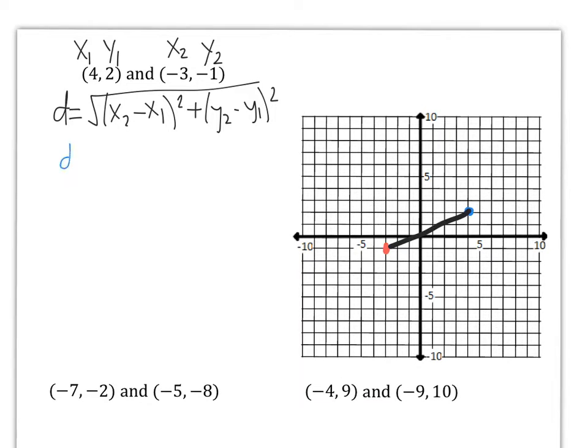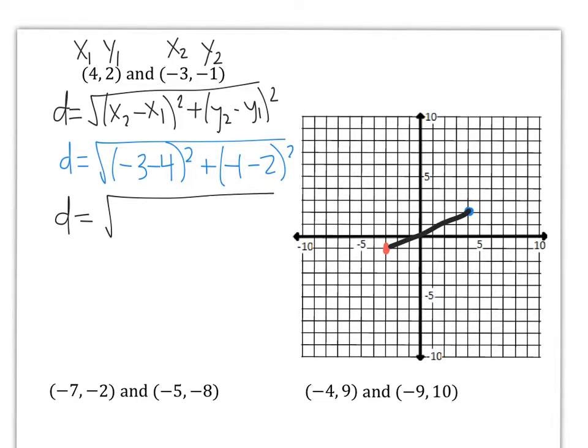So distance equals the square root of x2, which is negative 3 minus 4 squared, plus y2, which is negative 1 minus 2 squared. And then I get negative 3 minus 4 is negative 7 squared, plus negative 1 minus 2 is negative 3 squared.